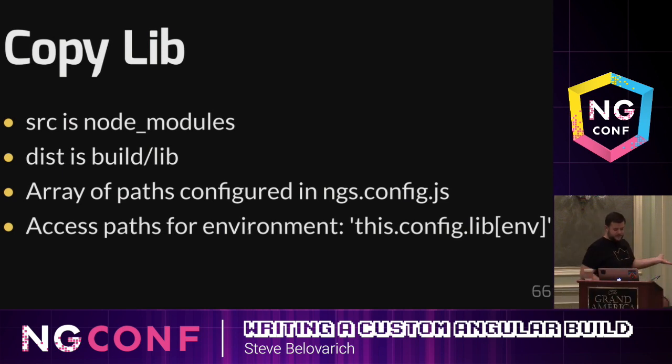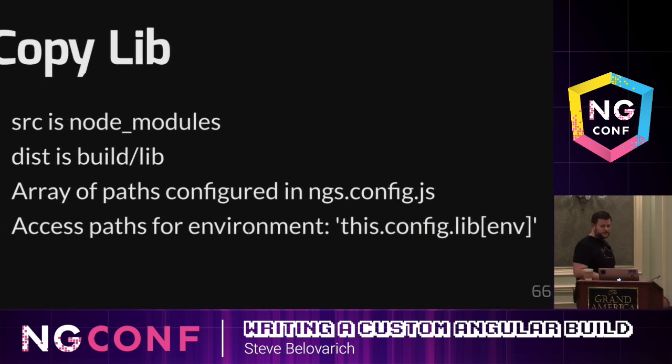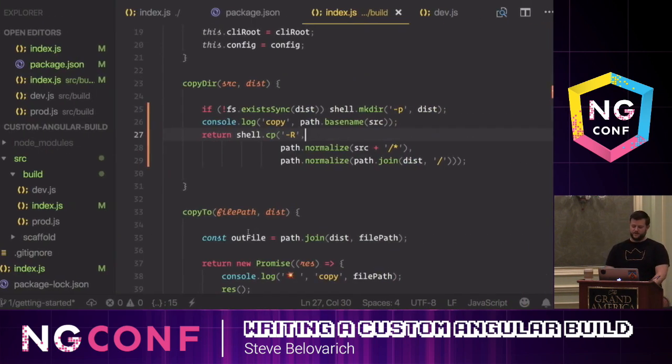Now this array of paths is configured in ngs.config, and inside of our build, our ngs config is a property on the build called config. So its properties are again usable. So we can use the lib property and for the specific environment that we are trying to build.